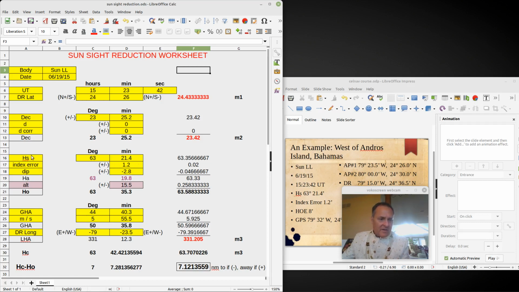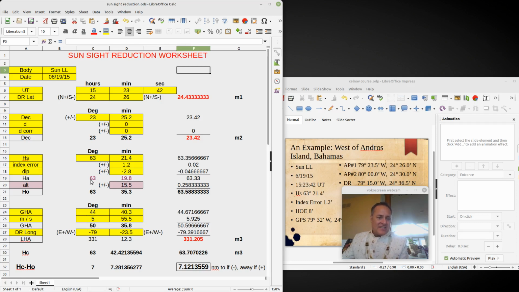I'm going to convert the sextant height to the apparent height, HA. That's this number, 63 19.8. Okay, so when I do all this subtraction, 63 degrees, 21.4 minutes, minus 2.8 minutes plus 1.2 minutes, I get 63 degrees, 19.8 minutes.